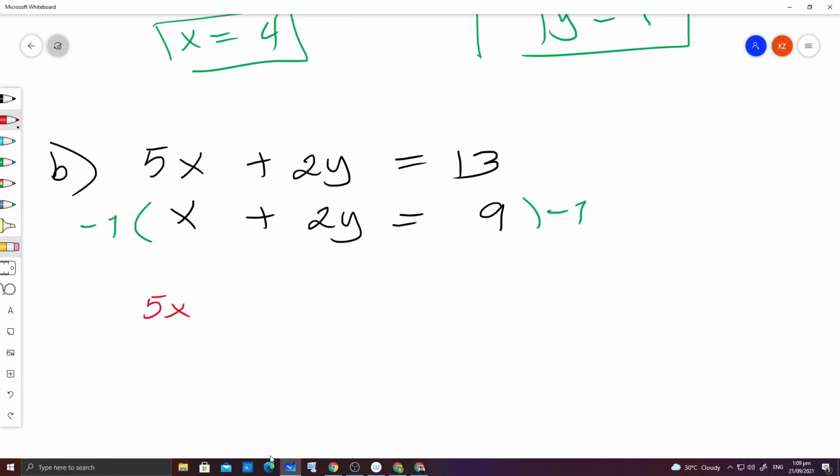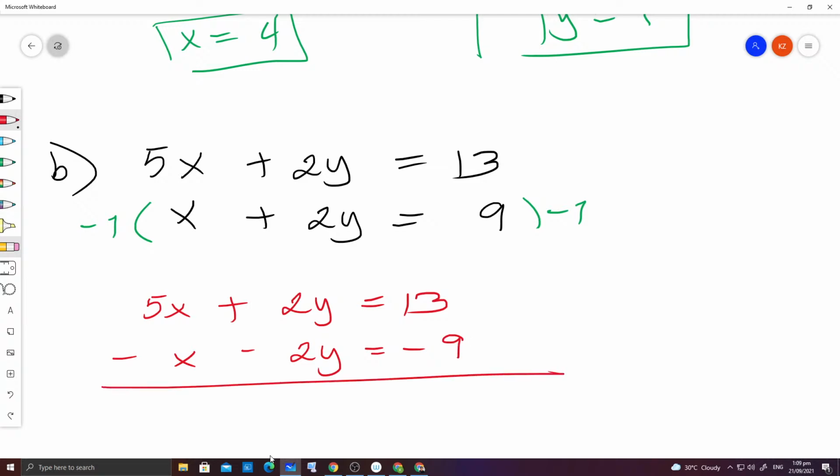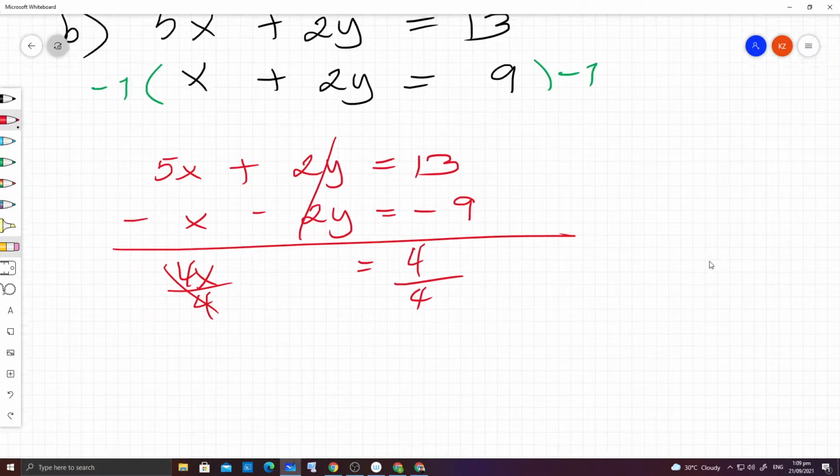So we have 5x plus 2y equals 13, and negative x minus 2y equals negative 9. Cancel. We have 4x equals 13 minus 9, which is 4. Over 4, over 4. So x equals 1.